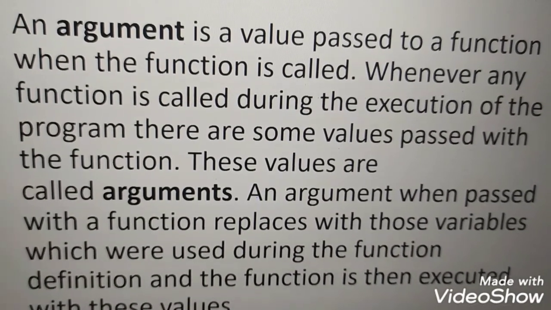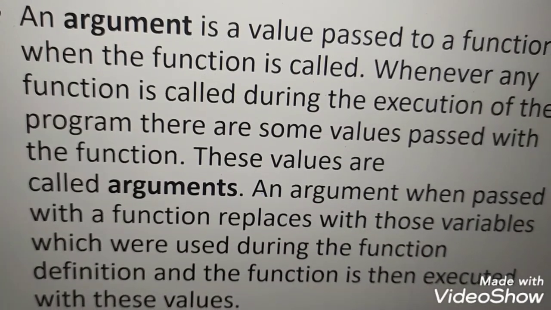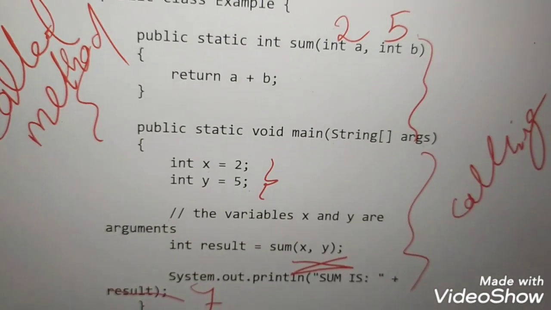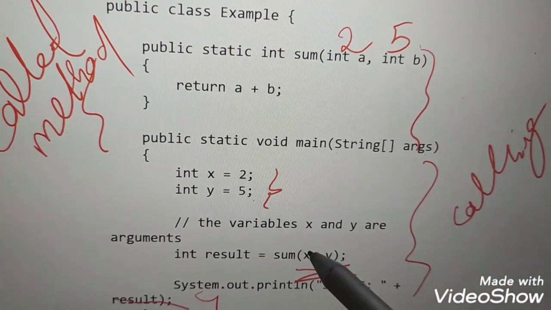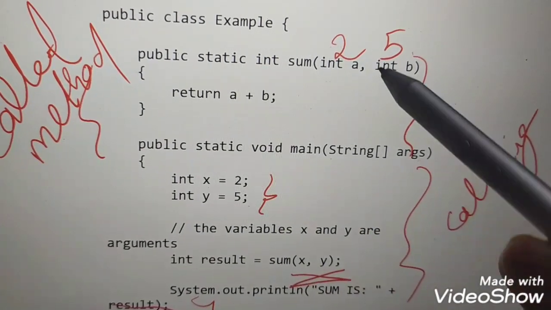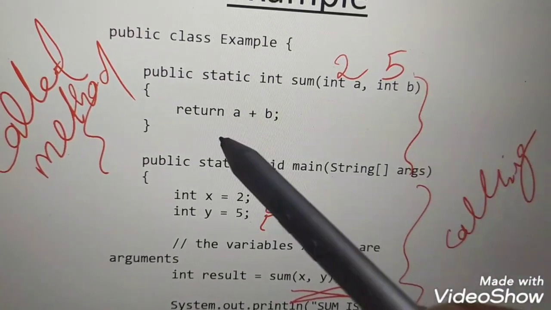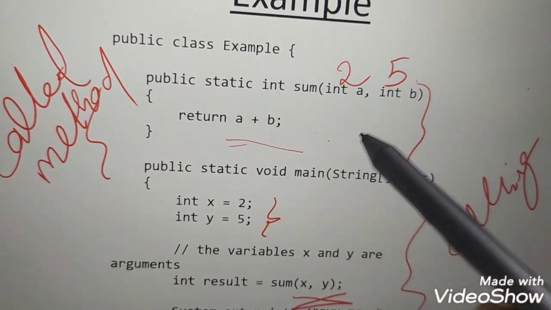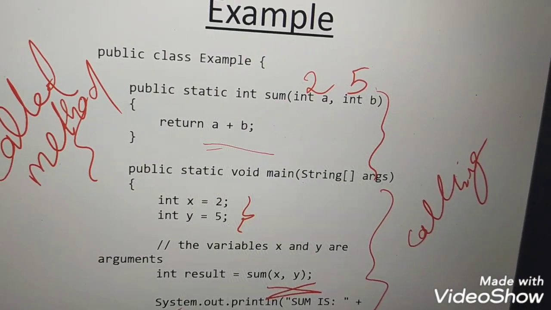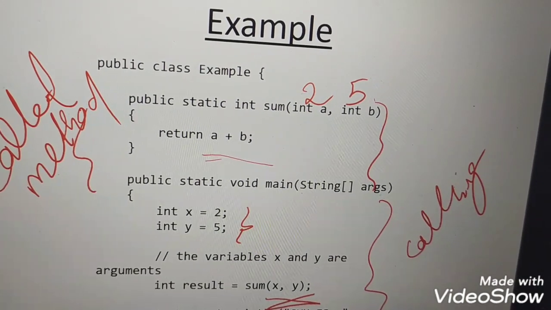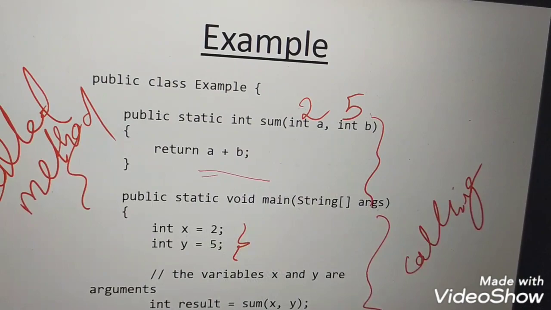So x and y will be replaced with a and b. x and y having the values 2 and 5 are replaced with a and b. Now a and b carrying the values 2 and 5 are used inside the method. They are the data having certain values, and those values are used inside the method for the calculations.